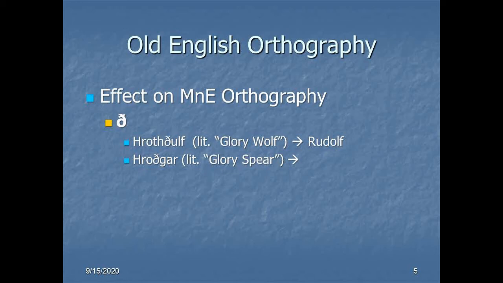Now, the way pronunciations changed over the course of the language, words that in Old English began with HR, the hr sound, in modern English simply begin with an R. So the word hring, H-R-I-N-G, is just ring. And the eth, the th sound, tended to become a D in certain circumstances. So, the name Hrothulf, meaning glory wolf, simply becomes Rudolph, as in the red-nosed reindeer.